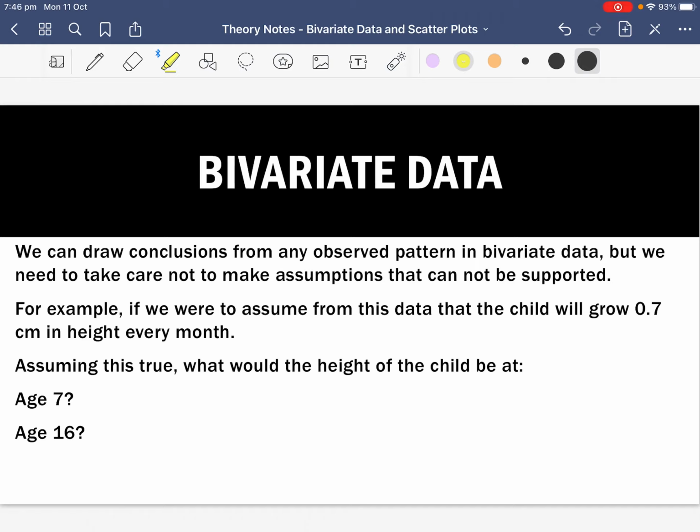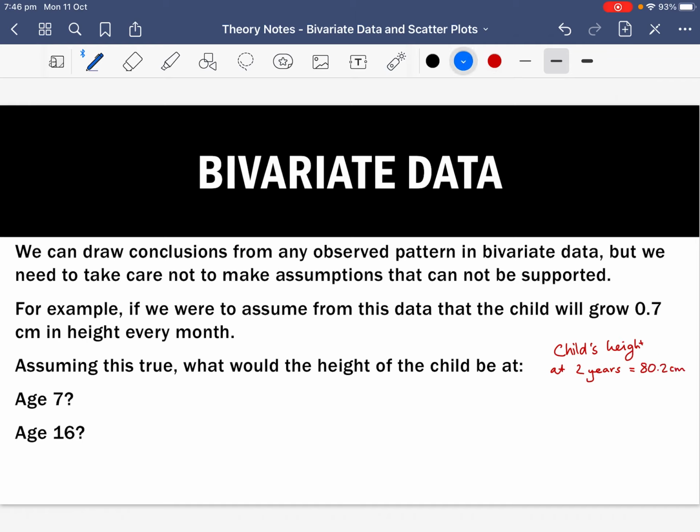So at age 7, what we have is the child's height at the end of 2 years. So what we know is that the child's height at 2 years equals 80.2 centimetres.